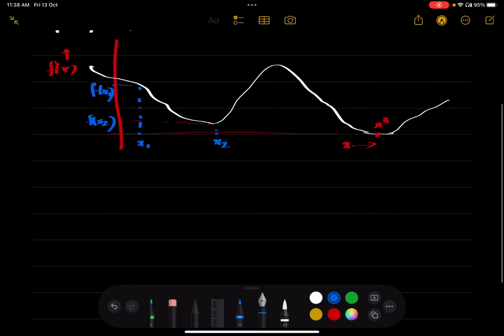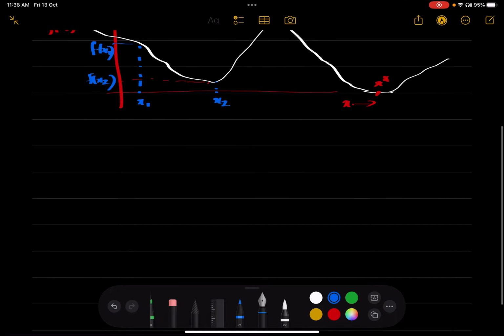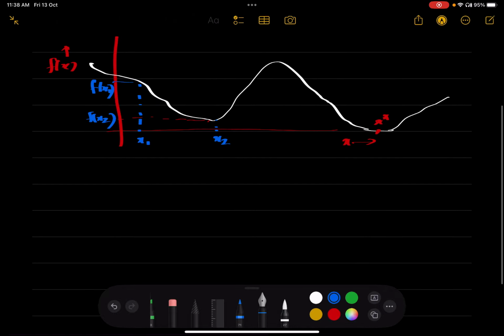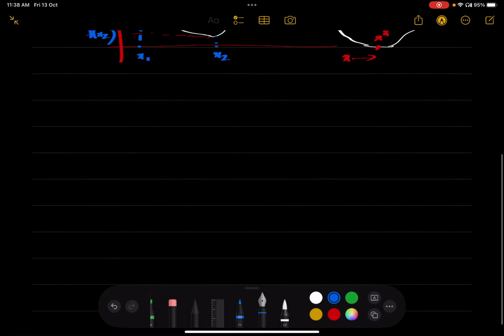If we take any x, then the corresponding f of x will always be greater than or equal to the value of f of x at x equal to x star. This is what we call the global minimum.